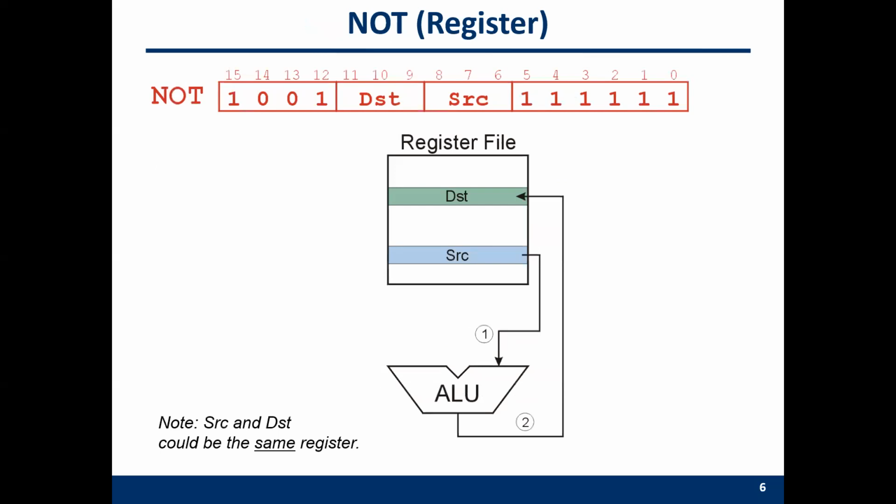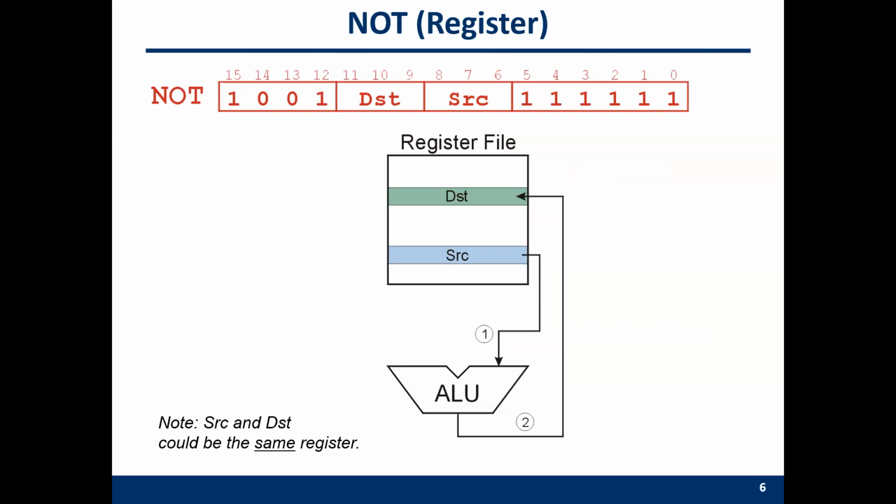So this is the ALU data flow to complete a NOT operation. This is the NOT instruction, and the most significant 4 bits are the opcode, which is 1001.